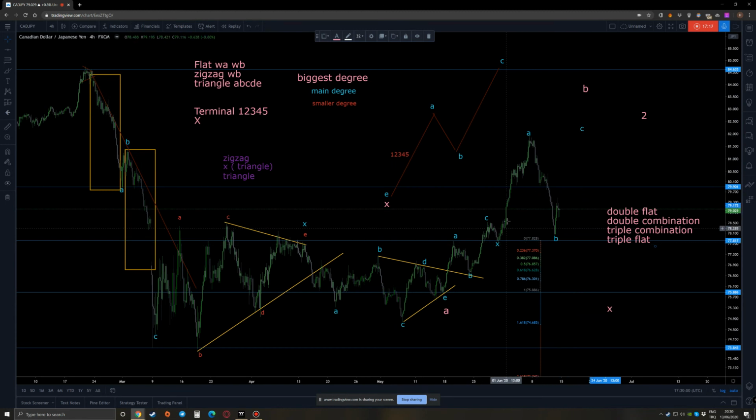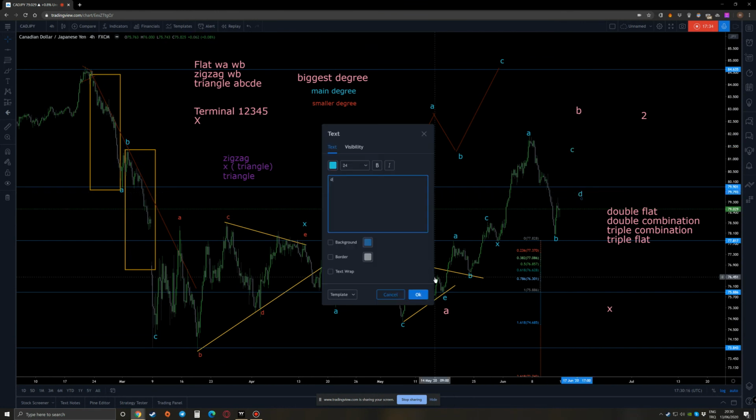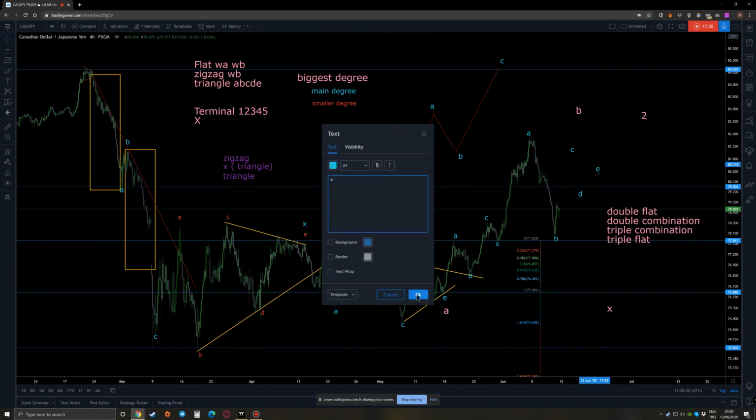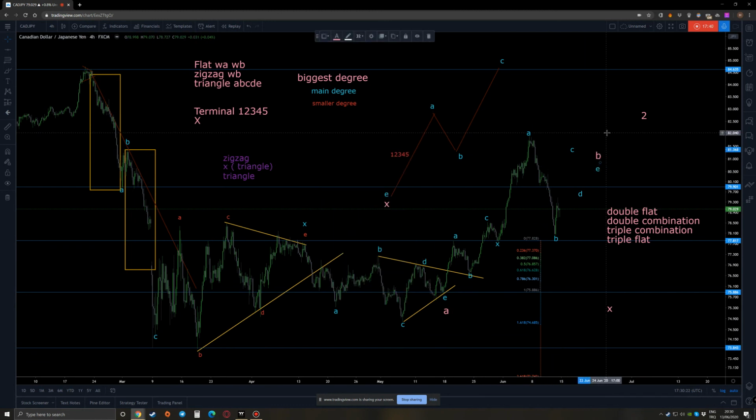For example, look, we have a wave A here and wave B here. Now at this moment, the market can make a wave C and another flat, and it can end this, whatever this is, let's say it's a B wave right here. It can make an A, B, C, then D, then E like this with a triangle, and wave B will end here.